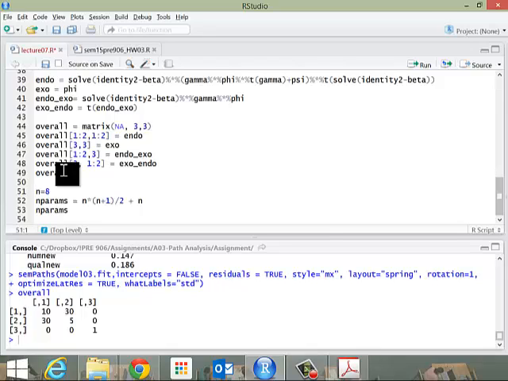We have sigma squared x, sigma squared y, and sigma squared z. We have sigma xy, sigma xz, and sigma yz. Now that's our lower triangle of that covariance matrix.